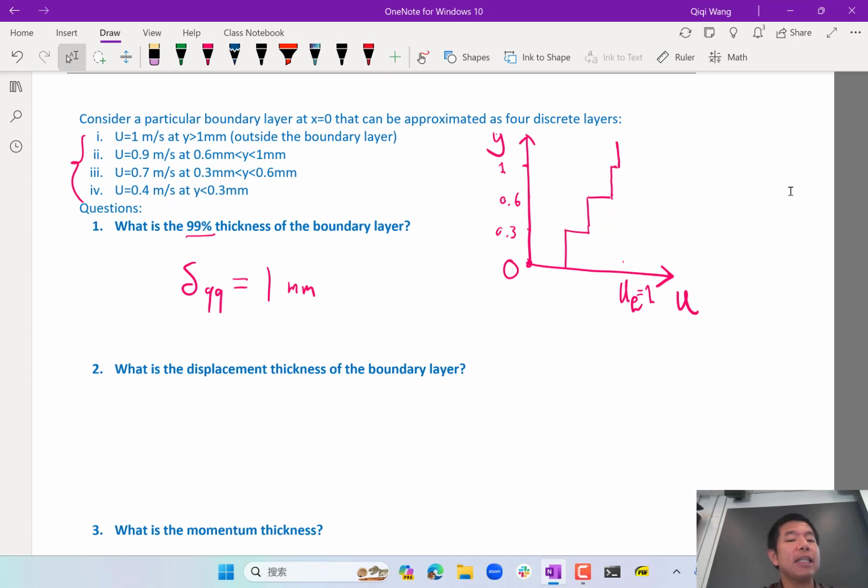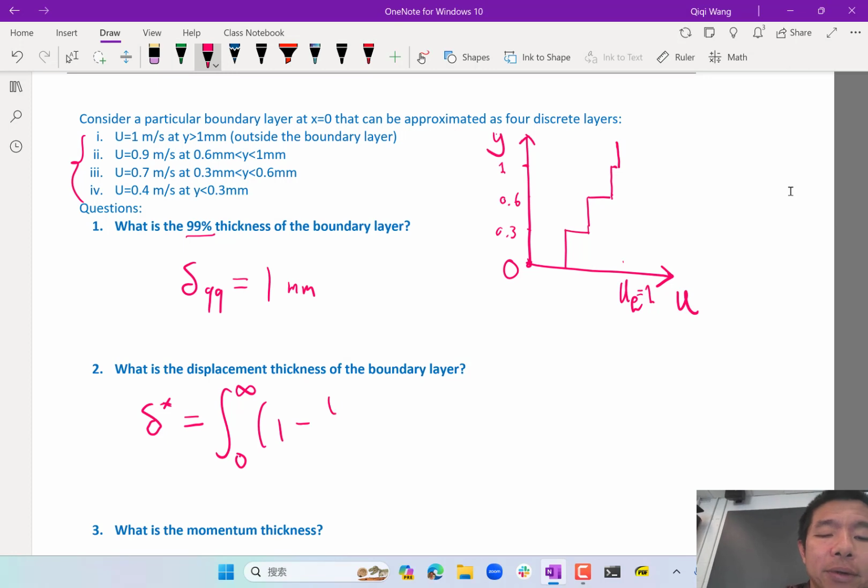Second one is, what's the displacement thickness, delta star, defined as an integral from 0 to infinity of 1 minus u over ue times dy. In the last lecture, we did the analysis showing that the displacement thickness is actually how much the existence of the boundary layer is displacing the streamlines away from the wall. Okay.